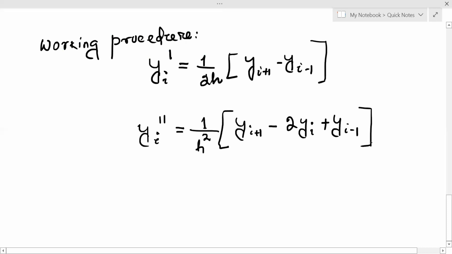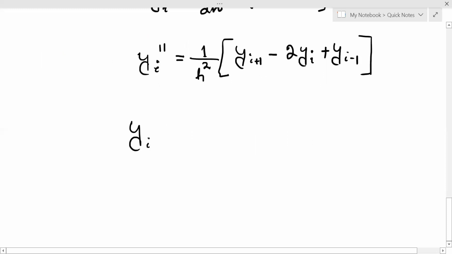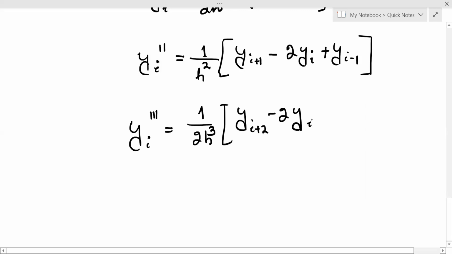That is the double derivative y_i''. Then y_i''' is equal to 1 by 2h cubed times y_(i+2) minus 2y_(i+1) plus 2y_(i-1) minus y_(i-2).